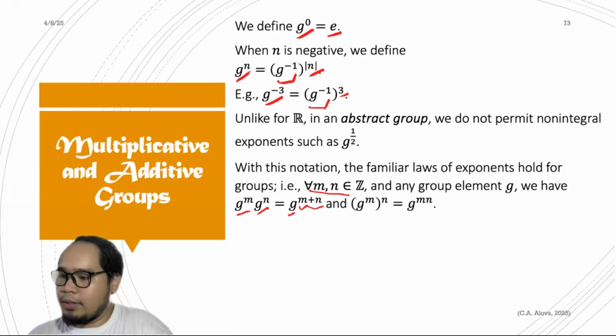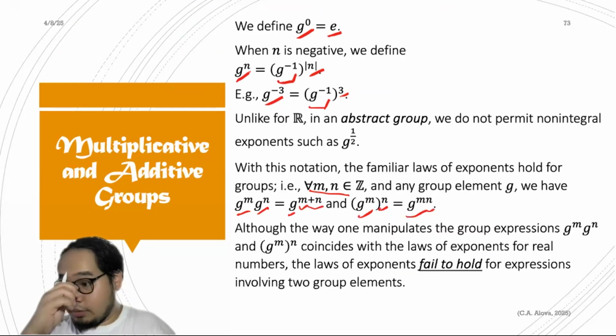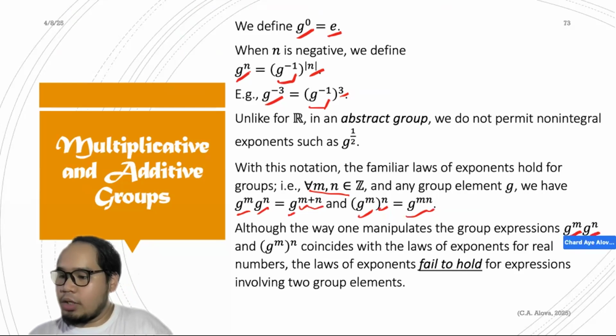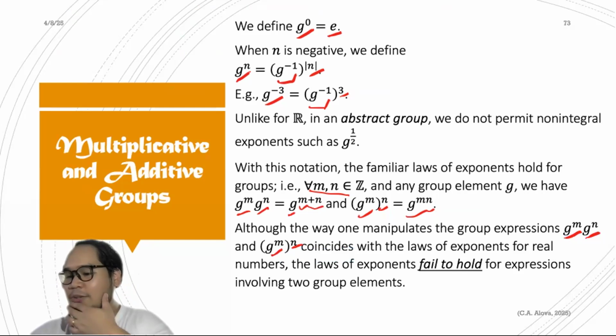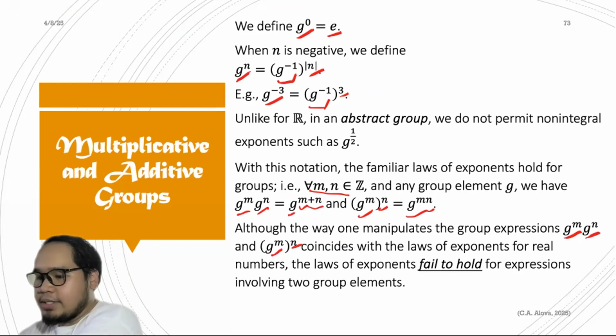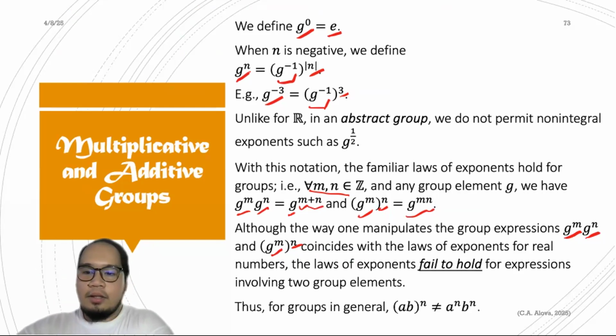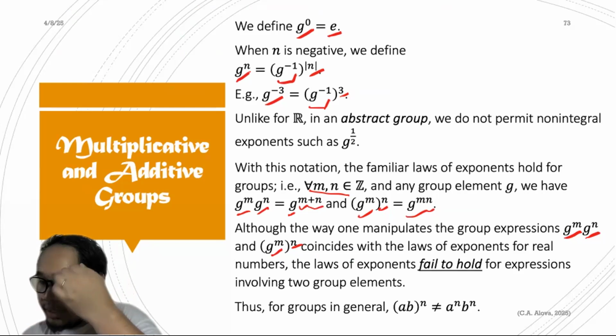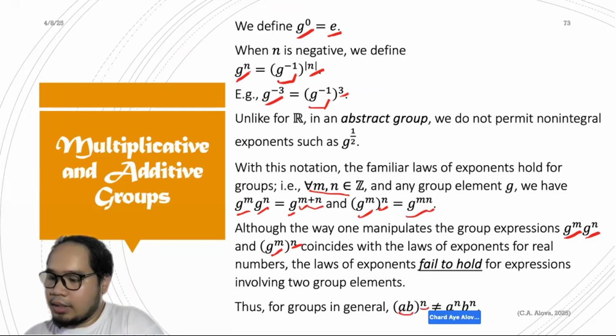Similarly, power of a power: g raised to m, raised to n, is equal to g raised to m times n. Although the way one manipulates the expressions g raised to m, g raised to n, and g raised to m raised to n coincides with the laws of exponents for real numbers, it does not hold for expressions involving two elements in a group G. Generally speaking, AB raised to n is not equal to A raised to n, B raised to n.